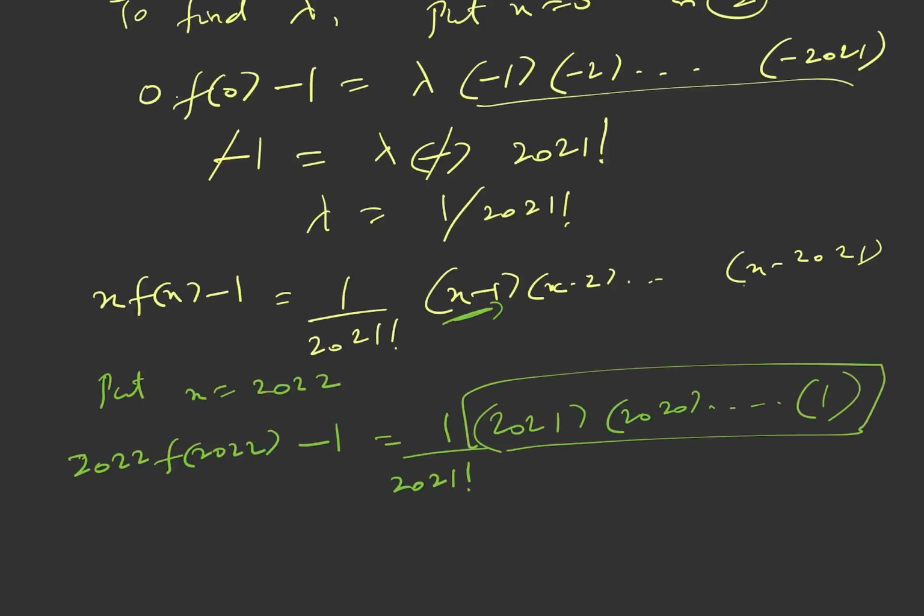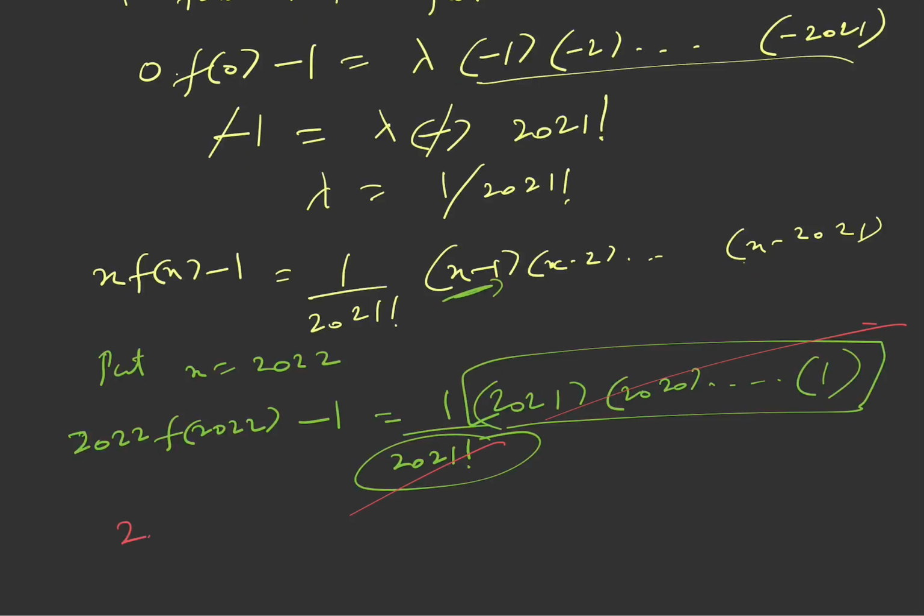So this is 2021 factorial and this is 2021 factorial. So this entirely gets cancelled, and finally 2022 times f of 2022 is nothing but 1. So I think this is clear.